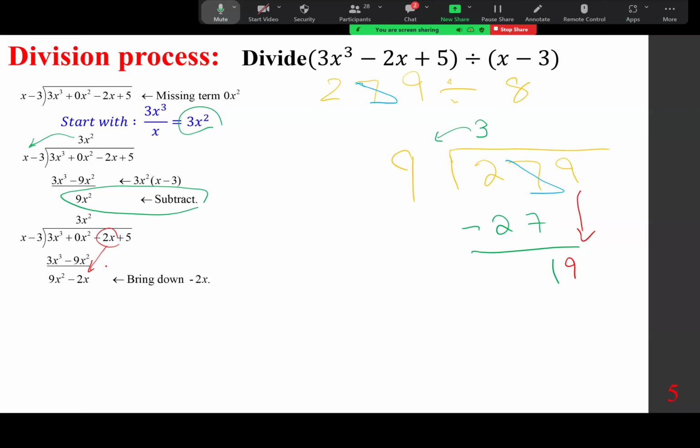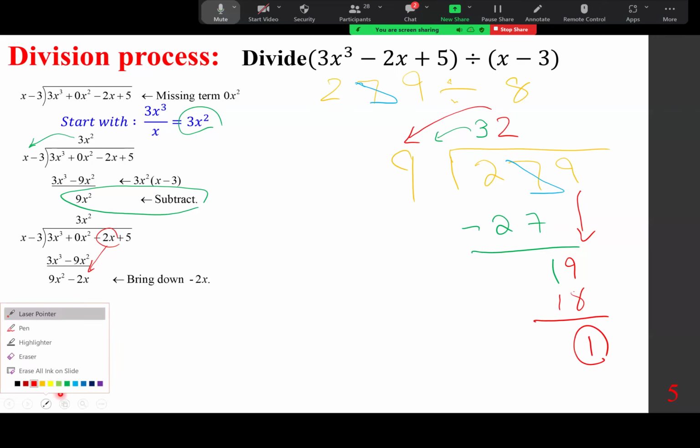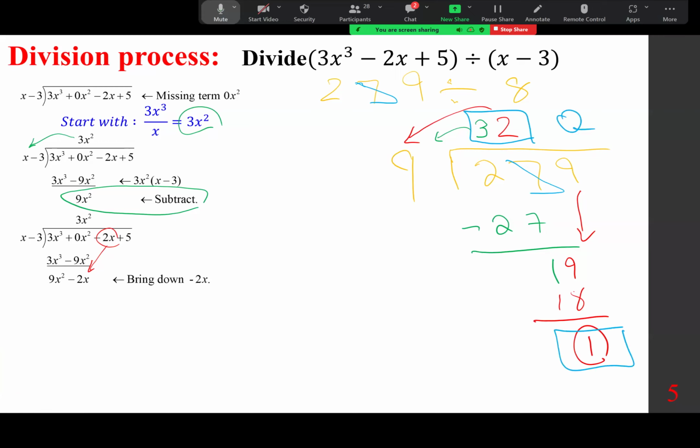So divide 19 by 9, you get 2, and then you multiply by it, you get 18. 1, notice 1 is smaller than 9, and we say we are done. So that means we got the quotient, we got the remainder, and so we are going to continue in the same manner over here.